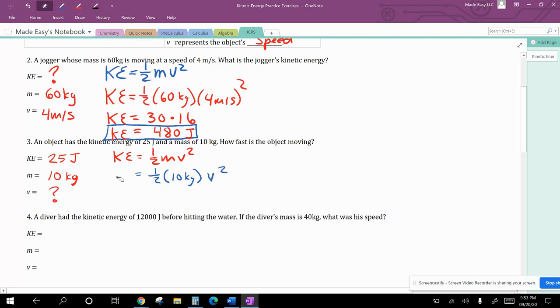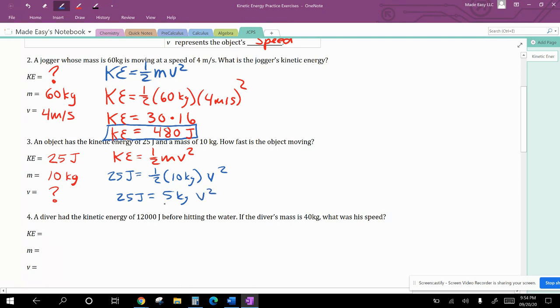And we actually know our kinetic energy, so I'm going to erase that and put 25 joules. So I'm going to simplify this by multiplying the 1/2 times 10. So we'll end up having 25 joules equals 5 kilograms times our v squared.